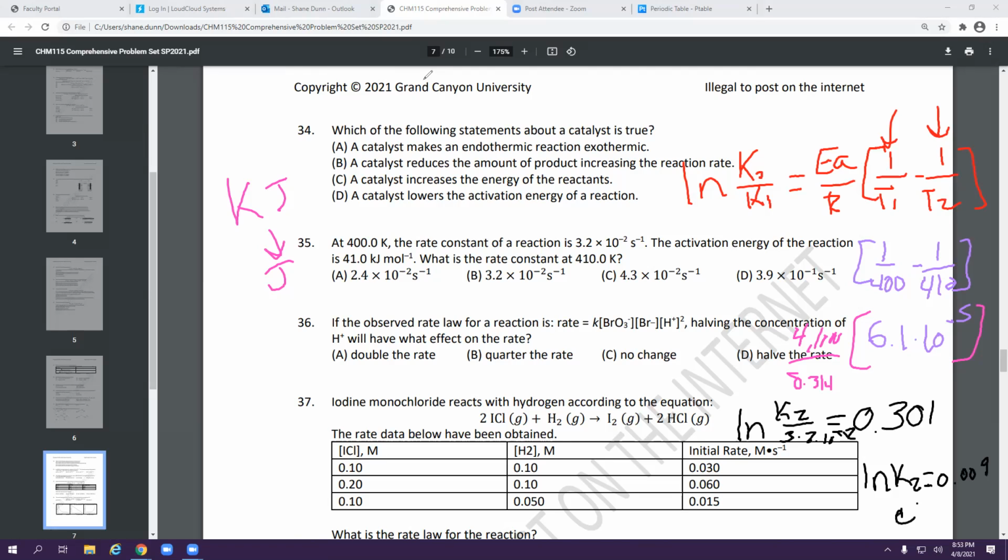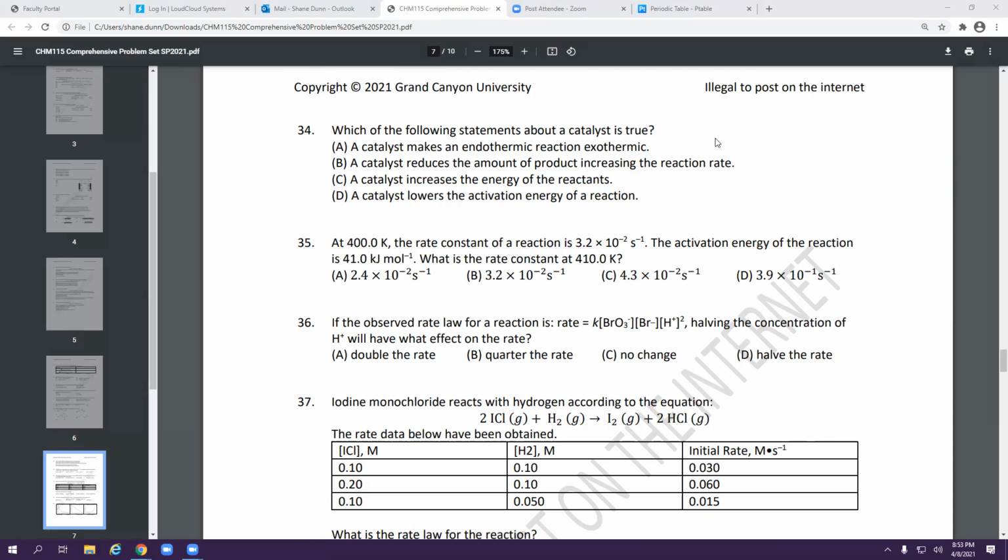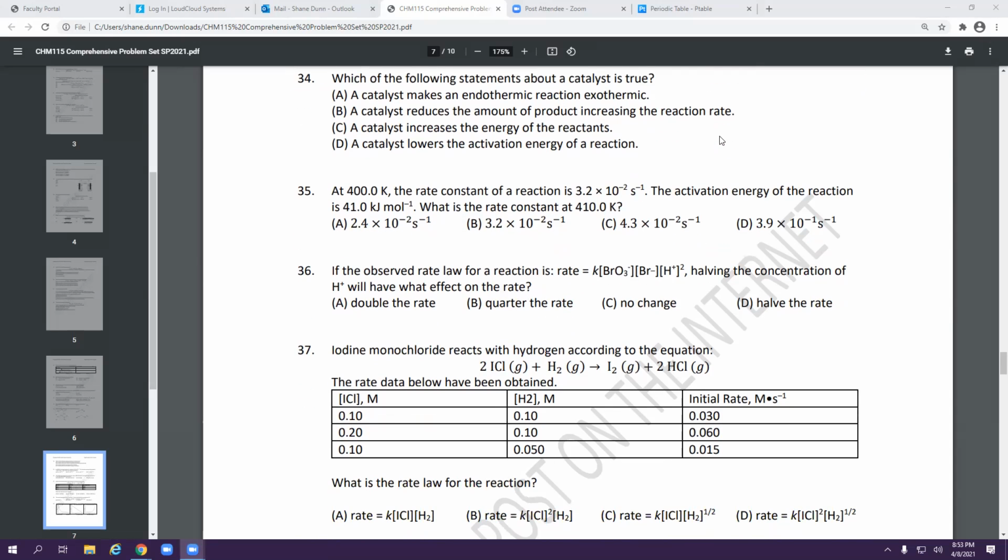The E value of that gives you what? 1.01. Well, that's what I've been getting the entire time. The answer now is C. I don't know what they did. Yeah, that's why I was confused with this one. I'll look into it, but there's not going to be rate constants in your tests, so we're just going to move on. Because it's better to move on than sit here and do it all day.